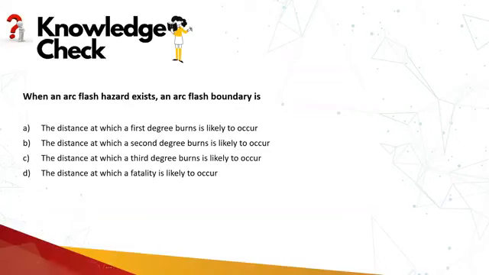When an arc flash hazard exists, an arc flash boundary is... What's your opinion? Yeah, B is the right option.